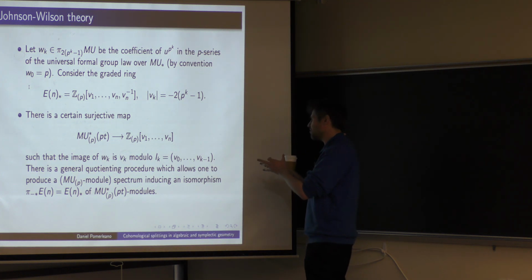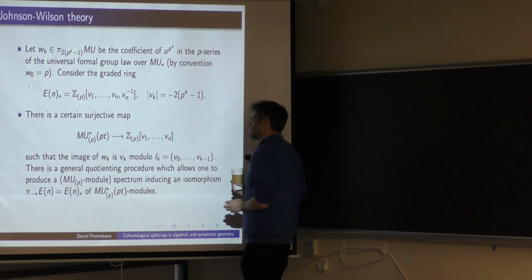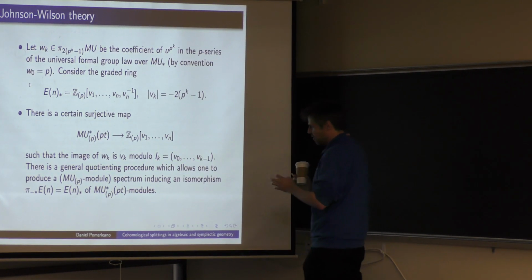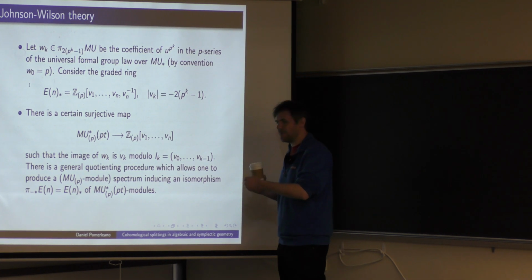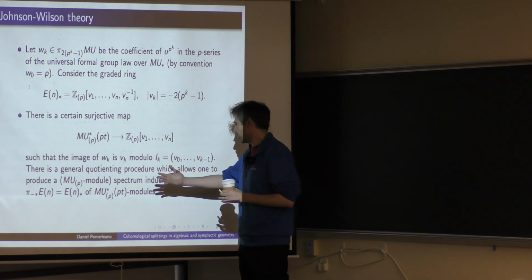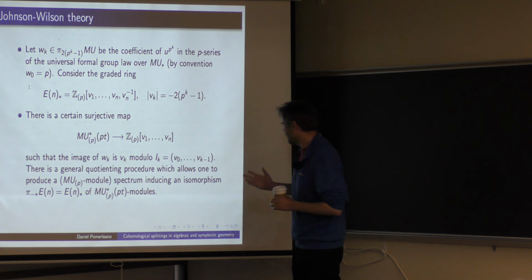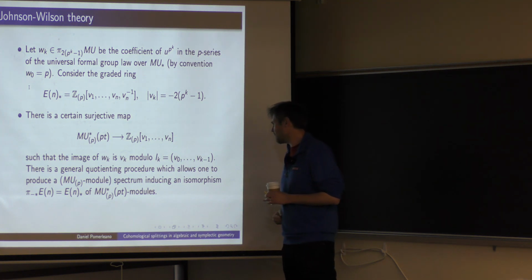Under special situations, if you can write down a map of the coefficients suitably, then you can construct a spectrum that algebraically realizes this, whose coefficients are precisely this ring, and it's a complex-oriented theory.